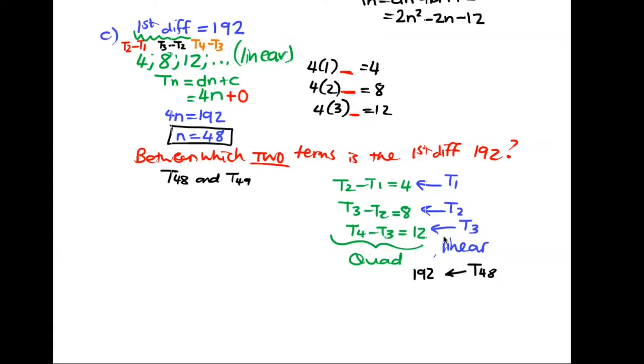If we have a look at our pattern here, T1 is T2 minus T1. T2 is T3 minus T2, and T3 is T4 minus T3. And so T48 would be T49 minus T48. Okay, so this requires some deeper understanding. It requires that understanding of the link between your quadratic and your linear pattern.